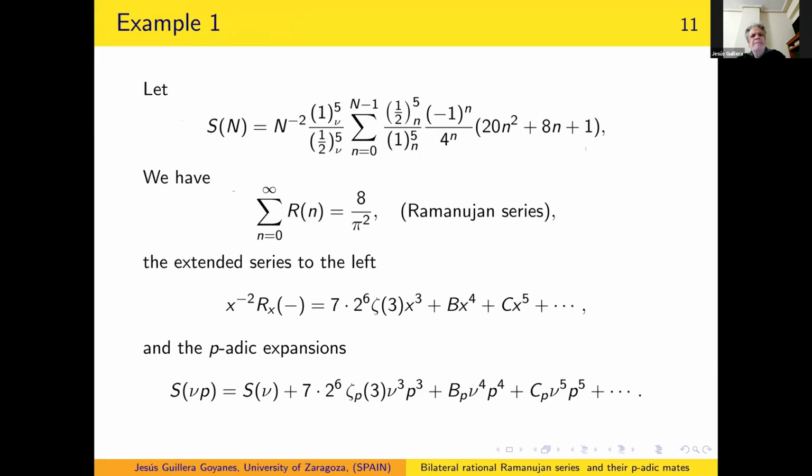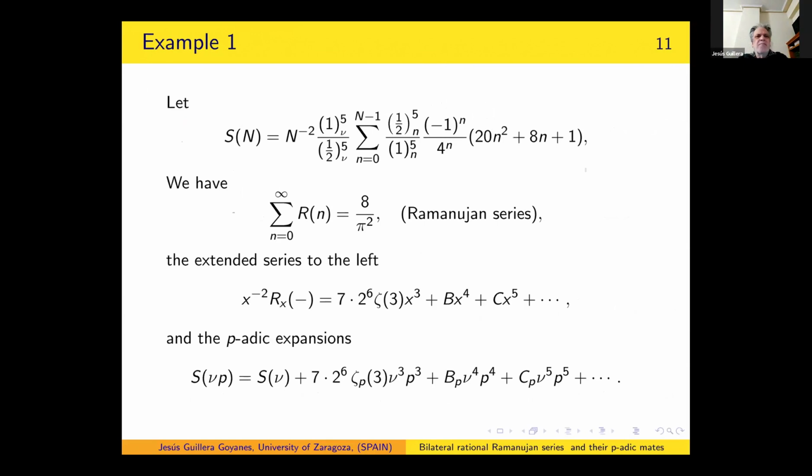Well, we are going to see some examples. For this S of n, this factor cancels the poles.